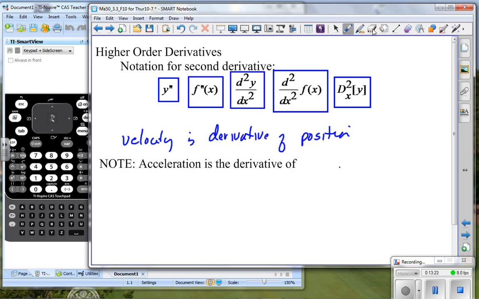And so acceleration is the derivative of velocity. So what we can say is that acceleration as a function of time is equal to the derivative of velocity, but that would then make it the second derivative of the position function.